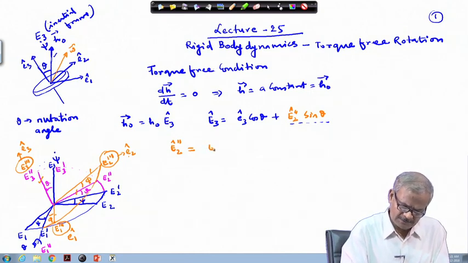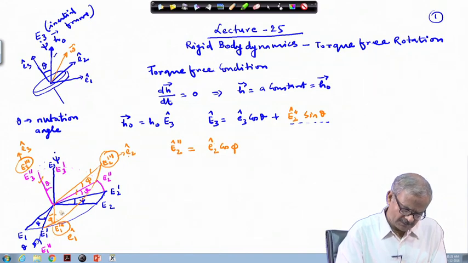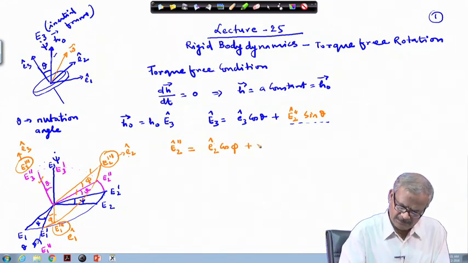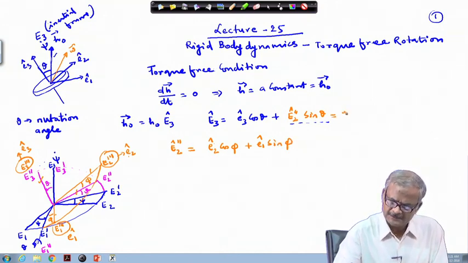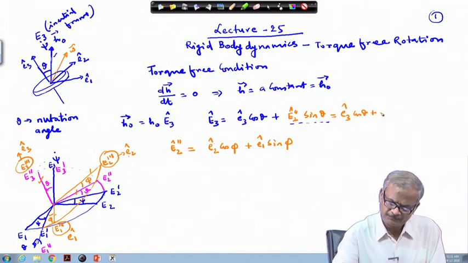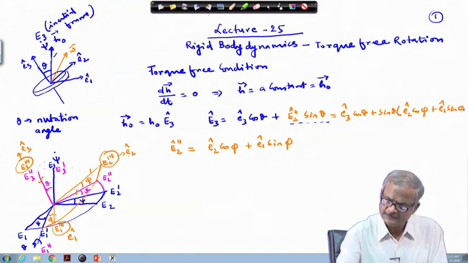So, this is E 2 cap cos phi, and from this place this will be plus E 1 cap sin phi, and once we insert this, it gets reduced to E 3 cap cos theta plus sin theta times E 2 cap cos phi plus E 1 cap sin phi.